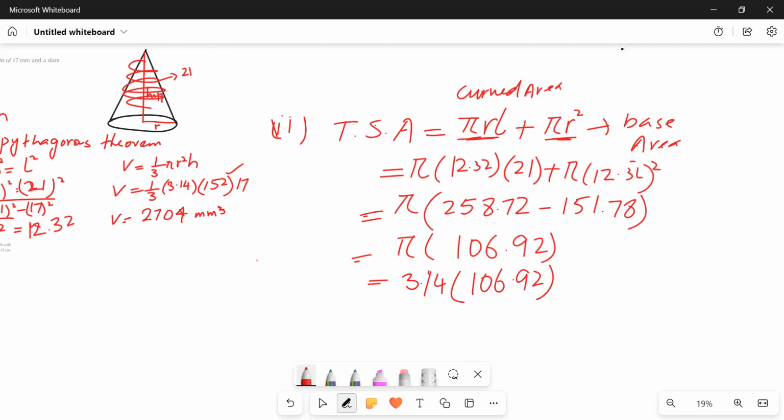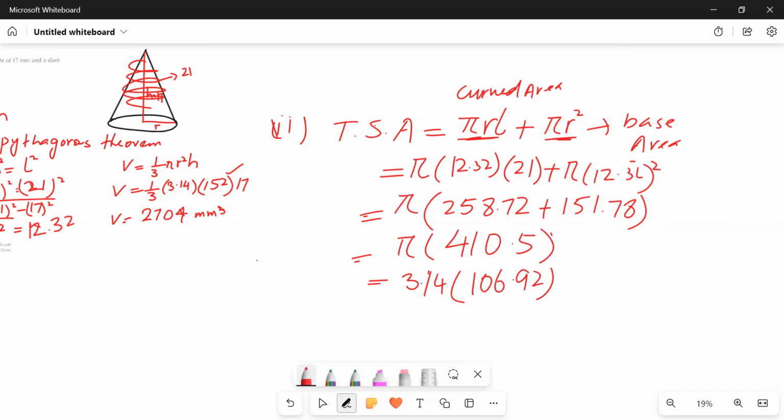R value is 12.32, L value is 21, pi value is this. Then according to the formula, we have to plus. I wrote it minus. That is our mistake. So we have to write 258.72 plus 151.78. So that is 410.5.